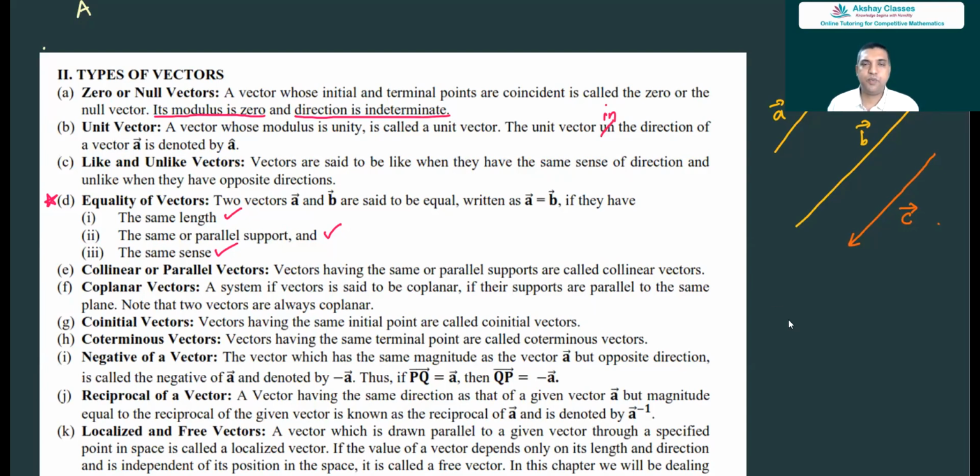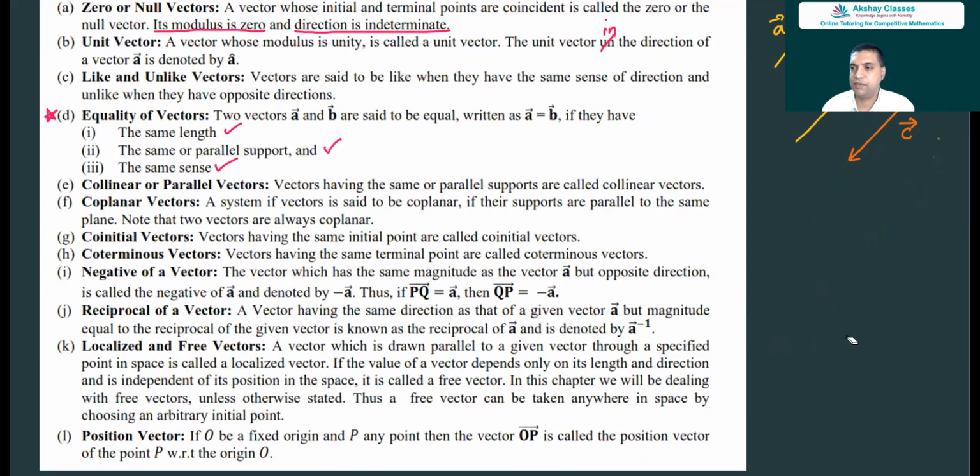So equality of vectors: two vectors are said to be equal even if they lie on different lines of action. Let's say this is a line of action. This is another parallel line.